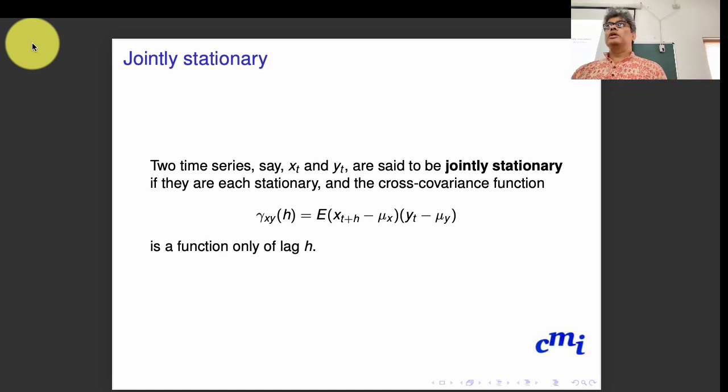Like what we have seen with the Southern Oscillation Index and the recruitment of new fish, those two series have multiple seasonality, and we could expect those time series to be somewhat correlated.